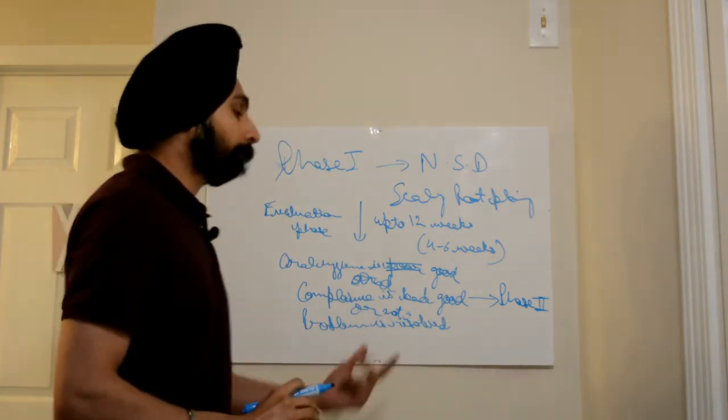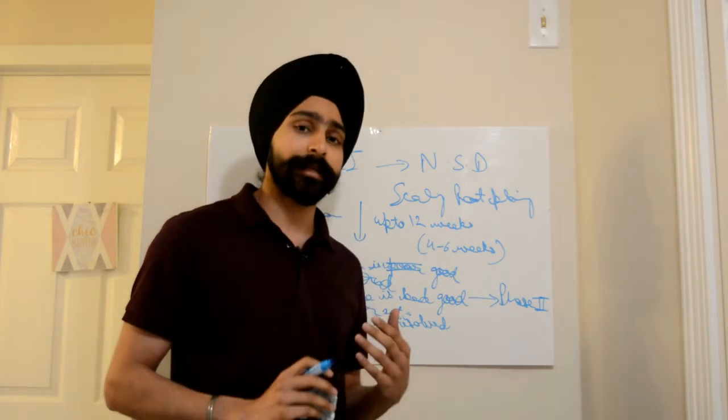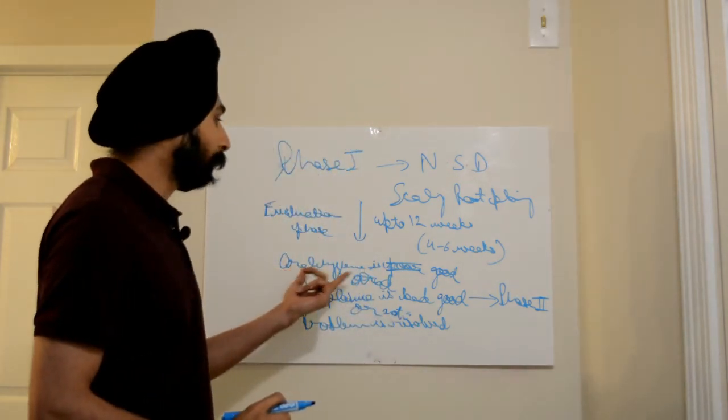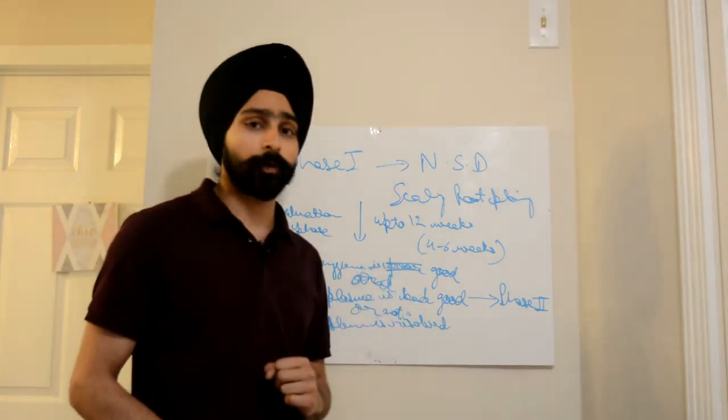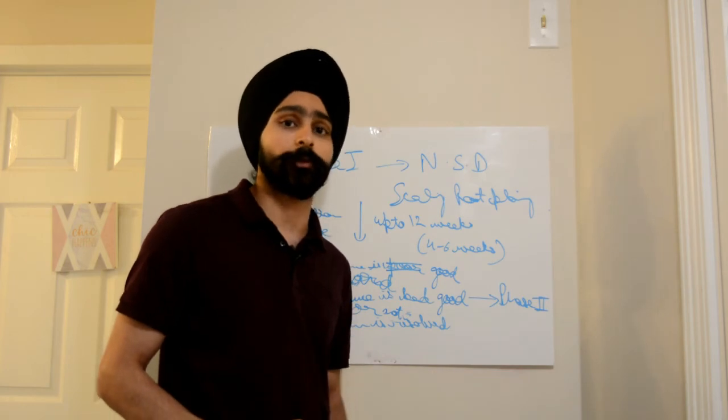Problem is not resolved means that patient has still deep pockets and is still bleeding from his gums, even though his oral hygiene is good and his compliance was good. Then the patient will be put into phase 2 or surgical phase of the treatment.